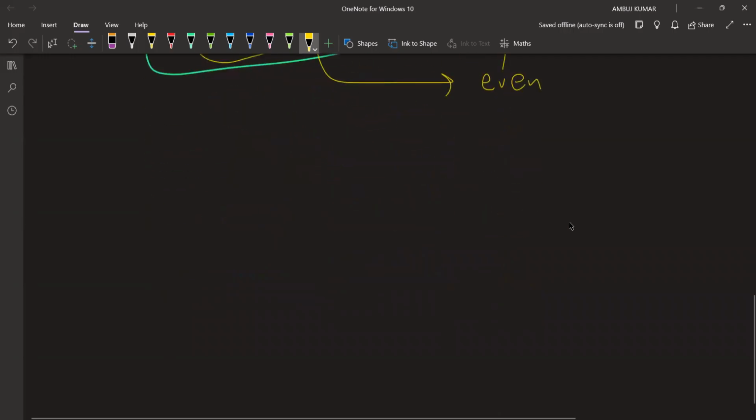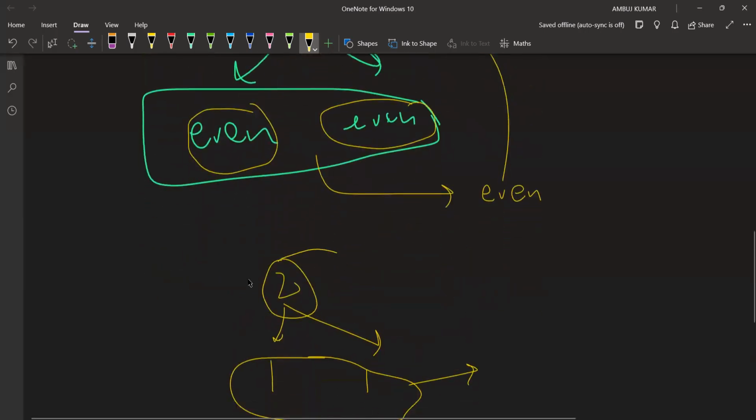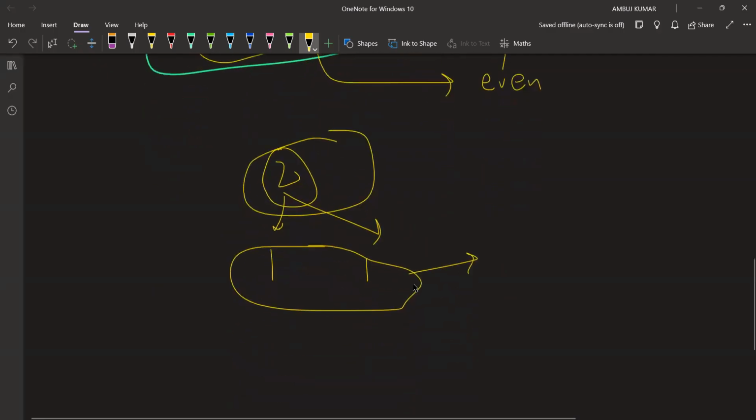But there is an edge case, that is for 2. If W is 2, then we cannot divide it into two even numbers, because any two numbers, that is 1 and 1, both are odd. So for every other even number this will work. For 2, this will not work. This is the only observation I came up with, and I will code the same thing for you guys.